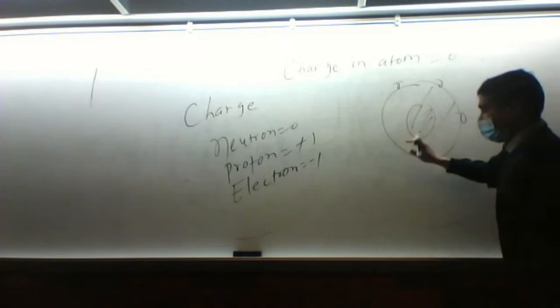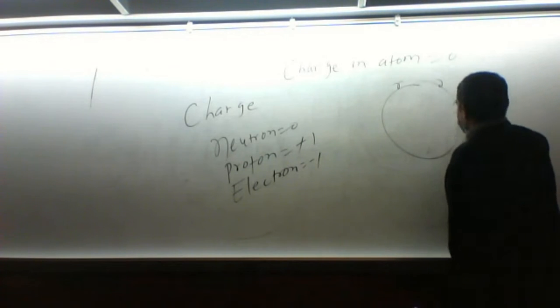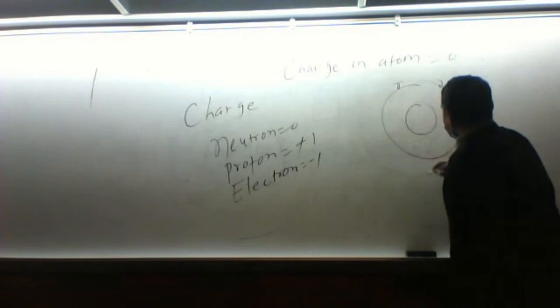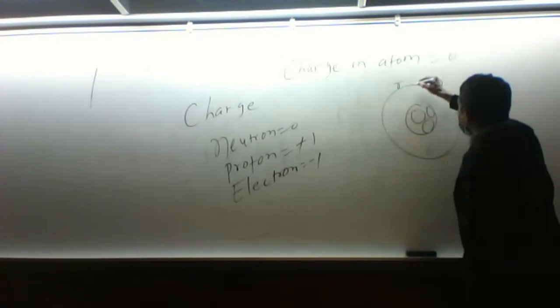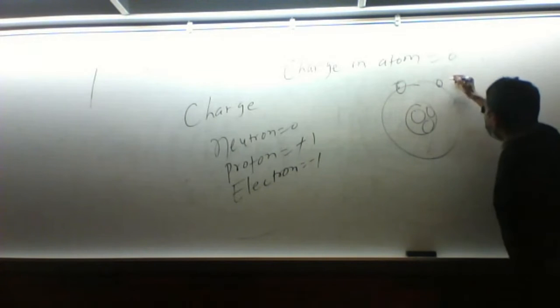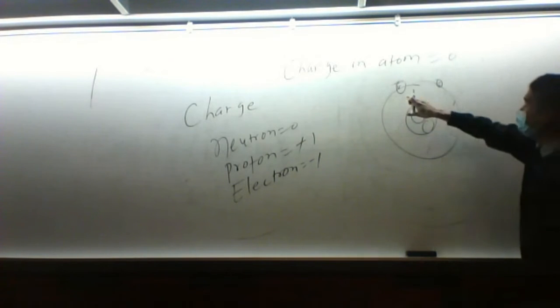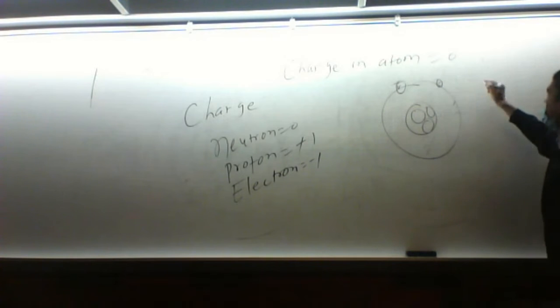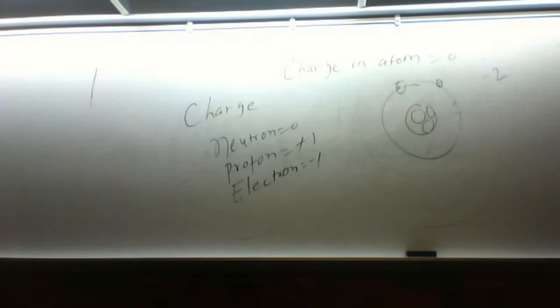Why? Let's say this is a nucleus, and there are protons and some neutrons there. And there are electrons around. How many minus charges are there? -1, -2. So each electron has -1 charge.